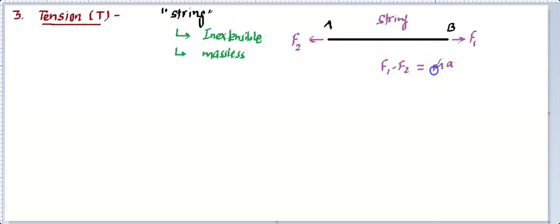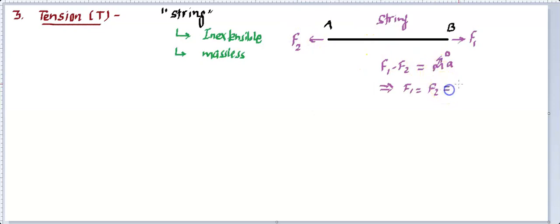Since it is massless, the mass becomes 0. Because of the massless assumption, F1 is always equal to F2. That means for any massless string, the forces you apply on the string at any point are always equal. If you apply a force here, the same force acts over there.